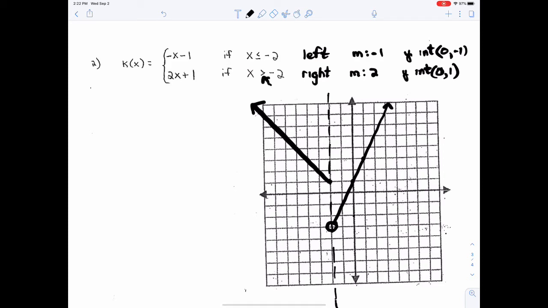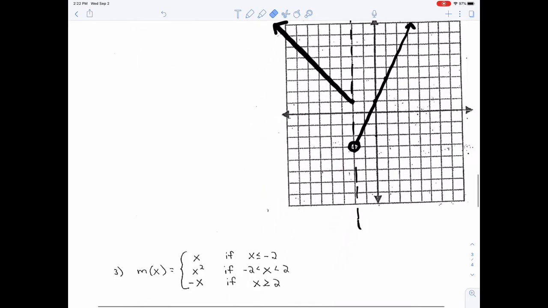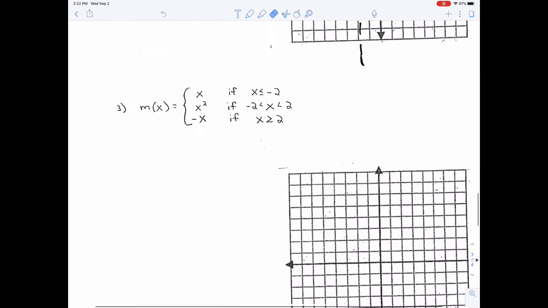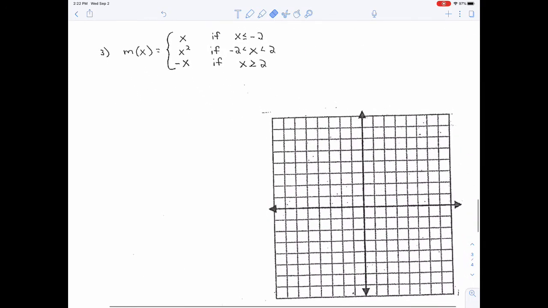Because there's no equal sign there. So it's not including the value of an x value of -2. All right. Again, if you need to listen to that again, I suggest you go back and listen to it or ask me. So let's take a look at the next one.